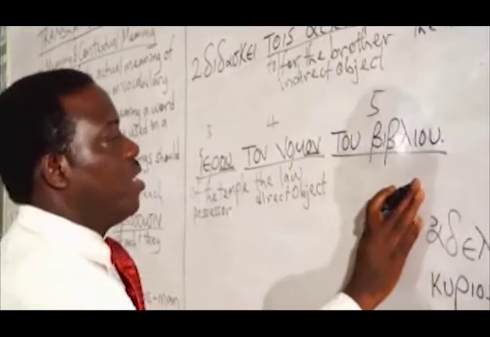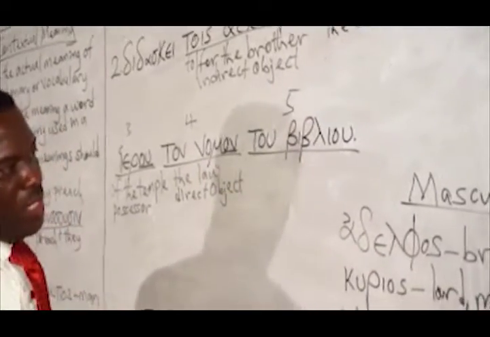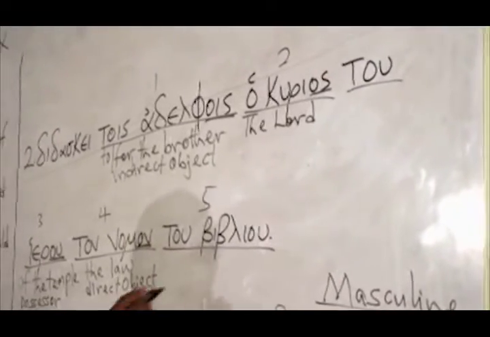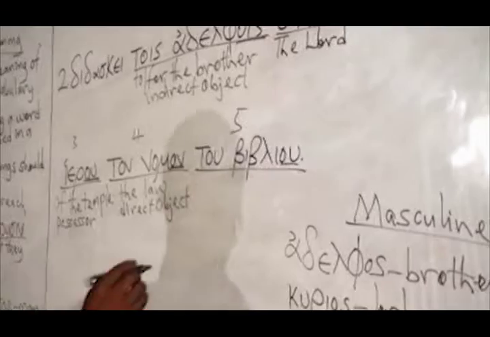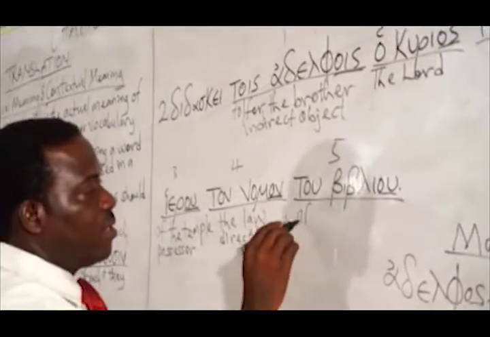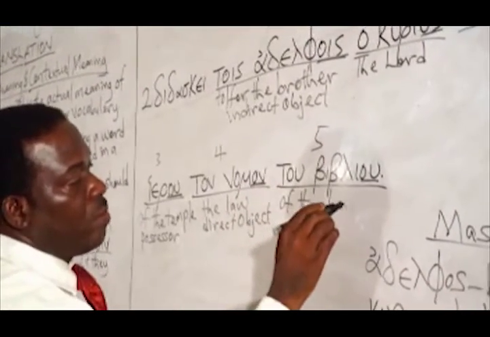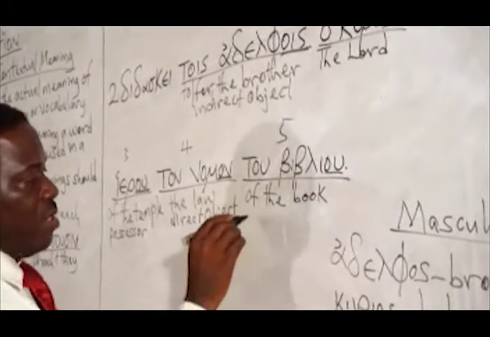Then we'll come to the last one, tou bibliou. This word is also a neuter noun, and the ending is the ending of possessor. So we have of the book. Of the book, possessor.